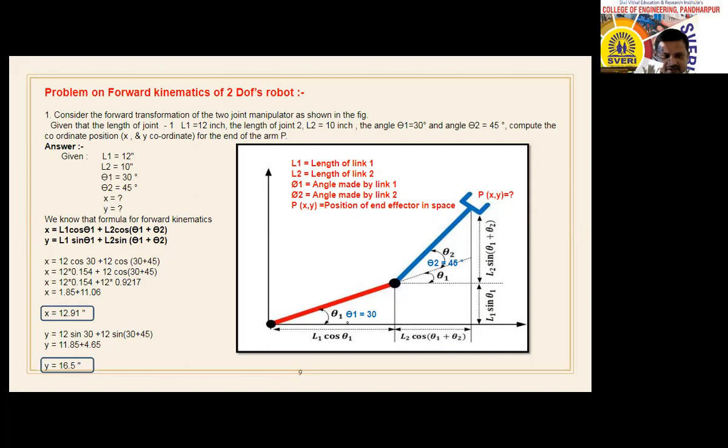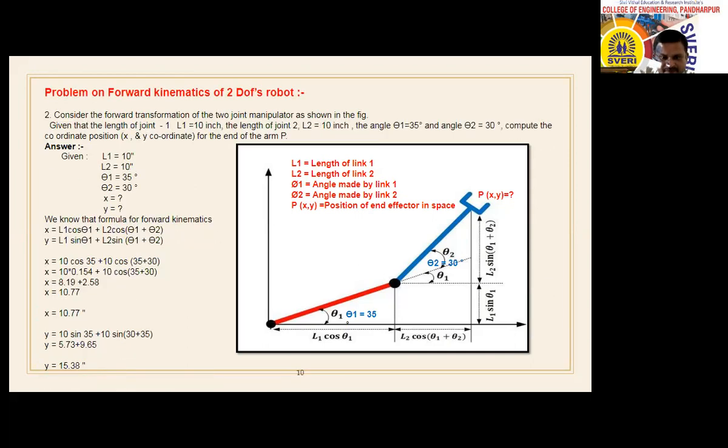I think same problem, but the values are changed. L1, L2 they have given as 10 inch, 10 inch, theta 1 35 and theta 2 30 degree. And by using the same equations, we have found out the value of x is equal to 10.77 inch and the value of y is equal to 15.38 inch.